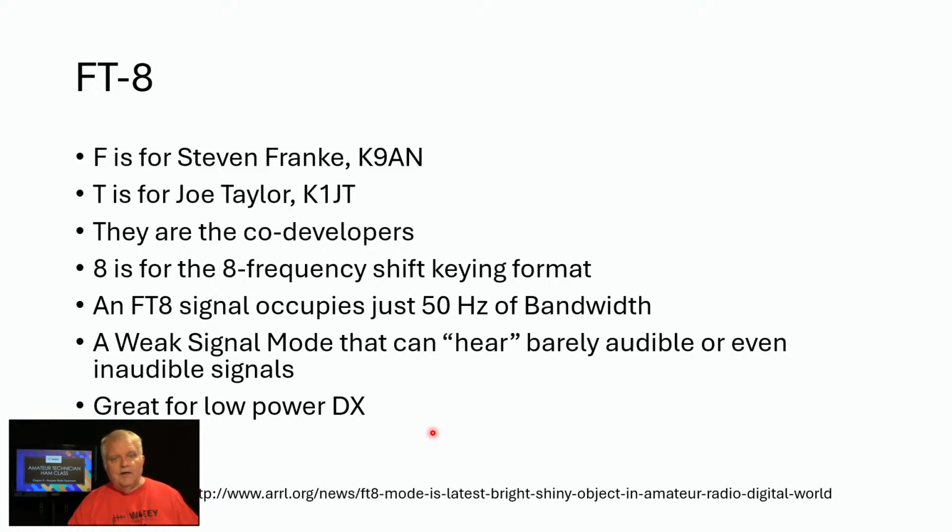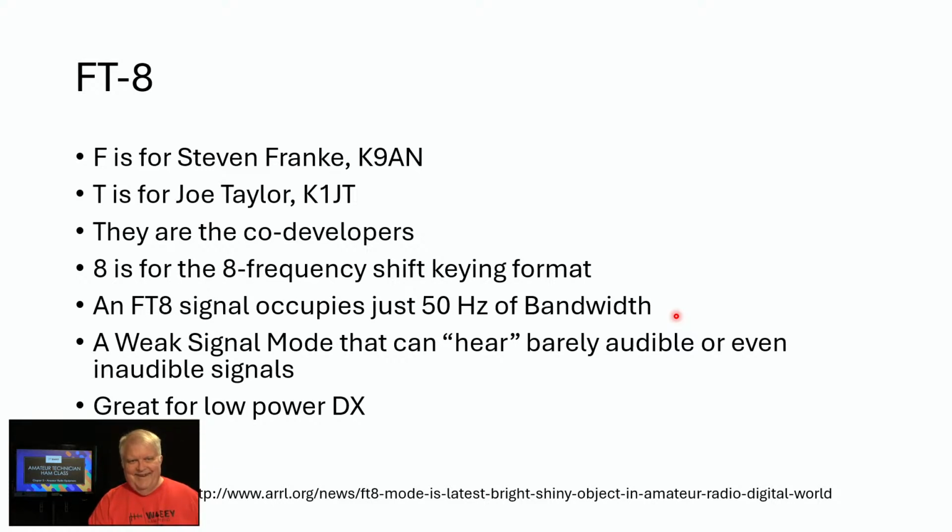Joe Taylor is a Nobel Prize-winning physicist from Princeton University. It occupies only 50 hertz of bandwidth. And remember, I said that CW used to be the one that could go the farthest for the amount of power. FT8 has now taken that crown.